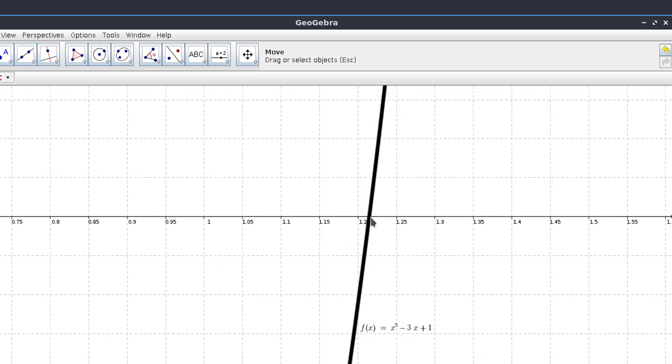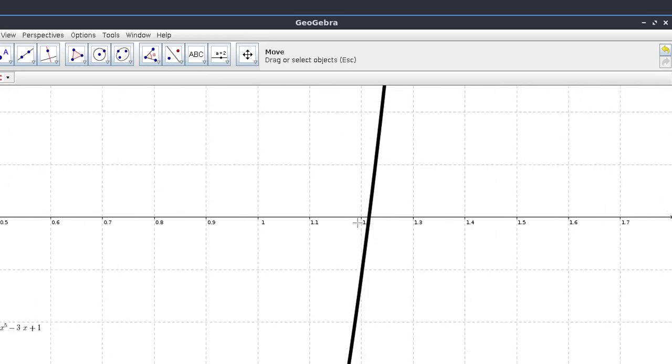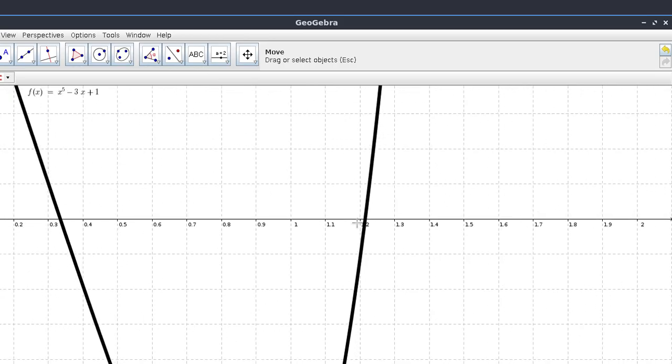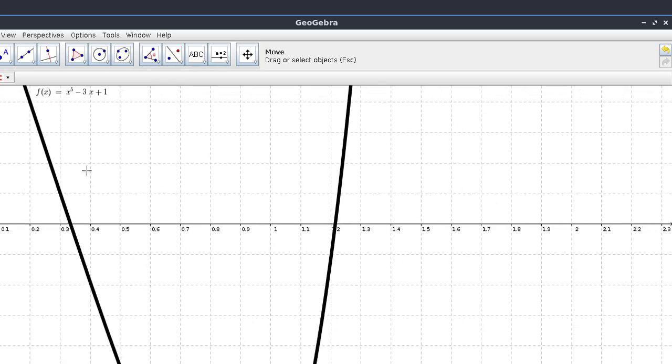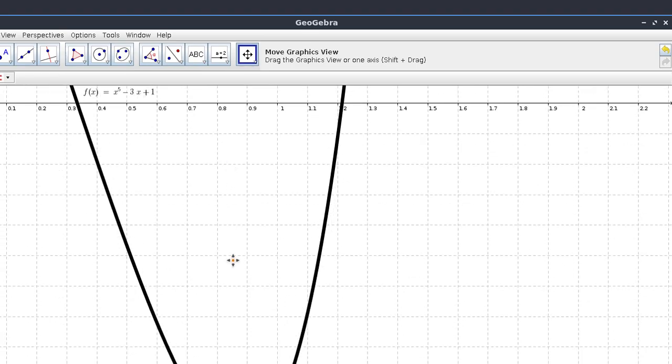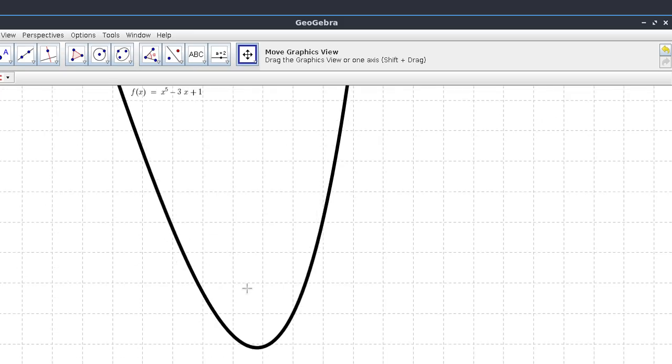Now, suppose we used some value that's further away from the root and is close to the minimum value. Now remember, at the minimum value, f prime of x is 0.